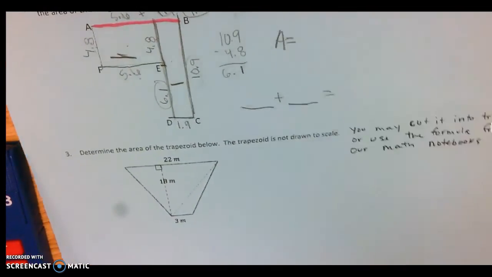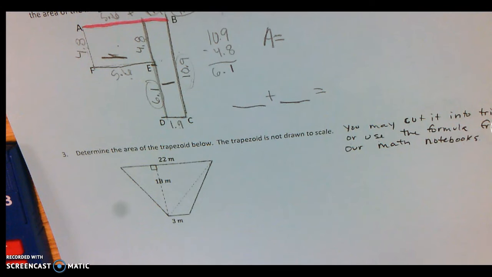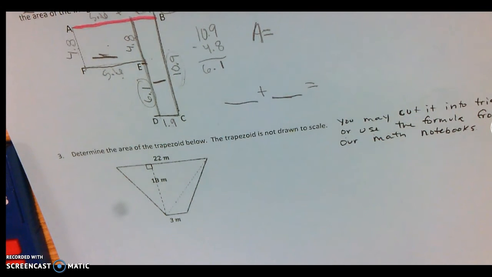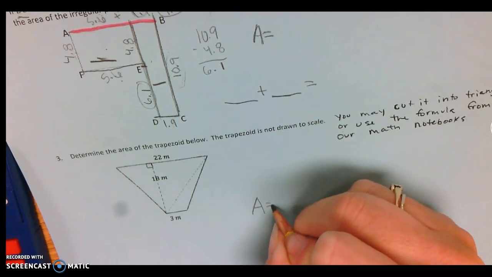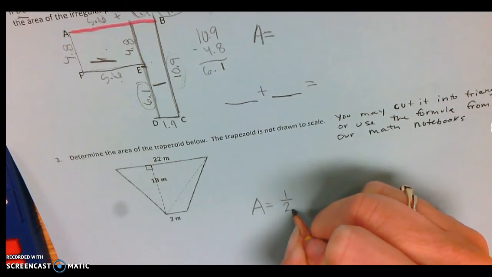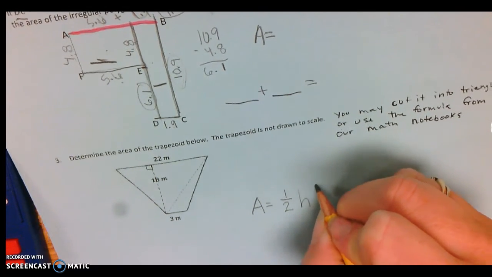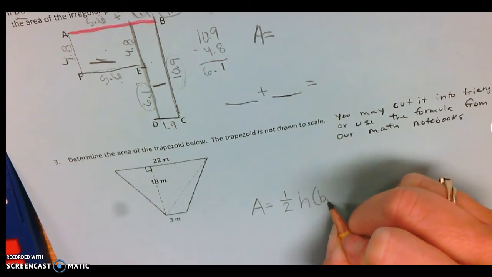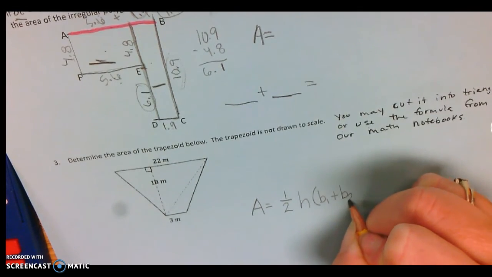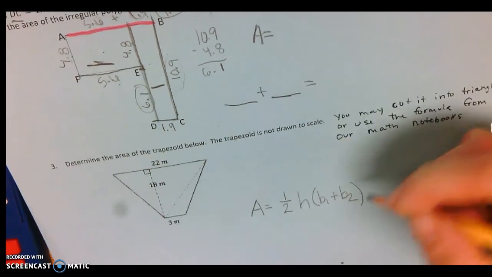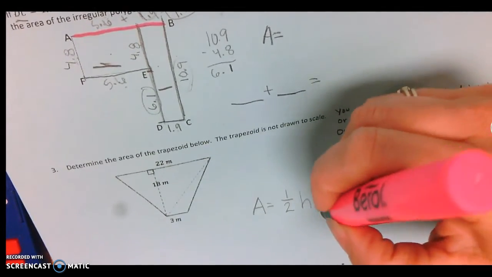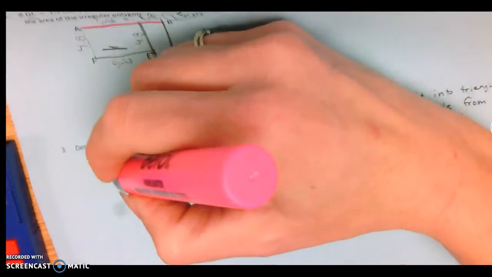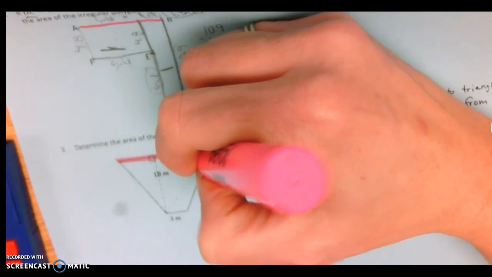So I'm going to use the formula that is given to us in our math notebooks. So I go to the trapezoid and it says A is equal to 1/2 the height times base 1 plus base 2. Okay? So I see in my notebook that base 1, if I'm looking at the example, is one of these.